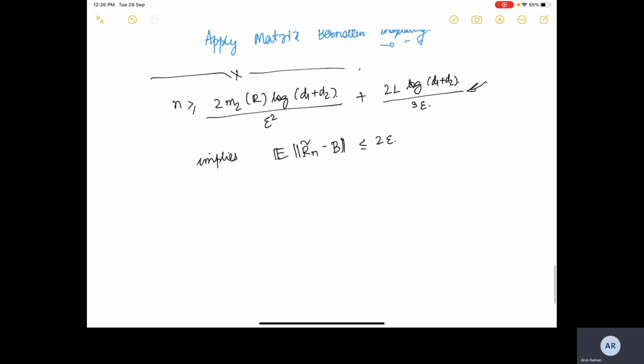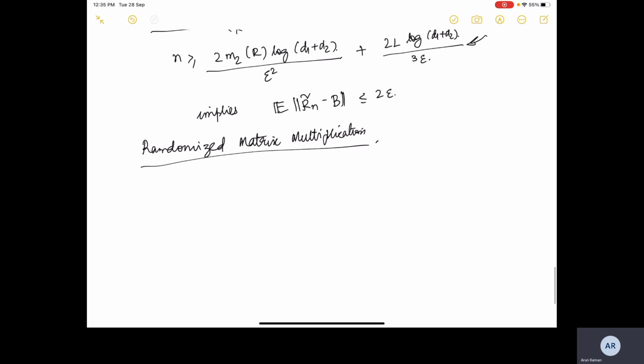So next we will again look at randomized matrix multiplication. We have already looked at these things briefly a couple of times before, so we'll just breeze through it quickly this time, at least the algorithm part.